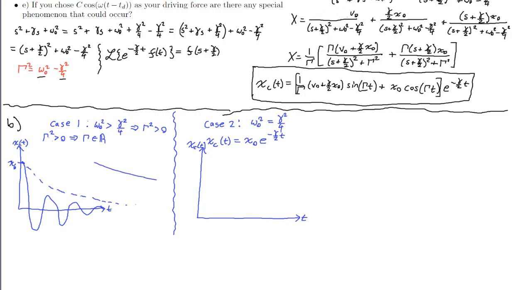So this is just going to be a negative exponential, which will look a lot like the envelope that I drew in case 1. It'll go something like that. It won't go negative, but you get the idea. It goes to 0 fairly quickly.